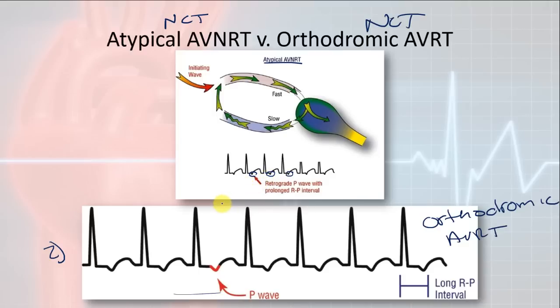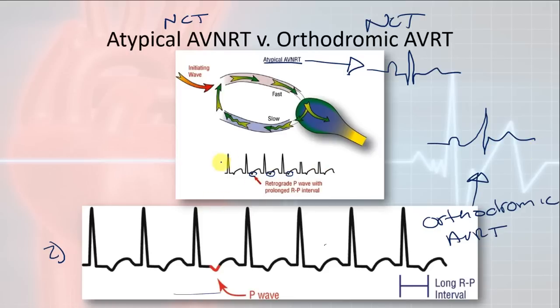How do you determine, after you convert this, whether it was AVNRT or AVRT? If you convert atypical AVNRT, you're going to have a P wave and a normal QRS and a normal T wave. If you convert orthodromic AVRT, because the AVRT has that accessory pathway, you're going to have a P wave and then a delta wave going into a T wave.